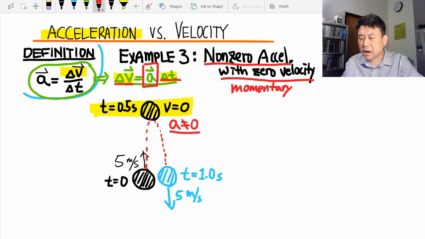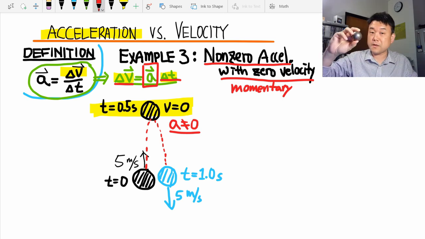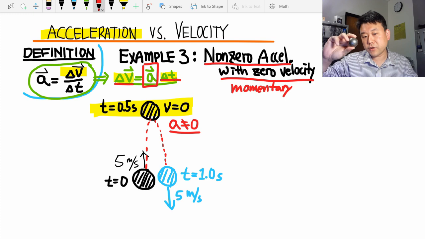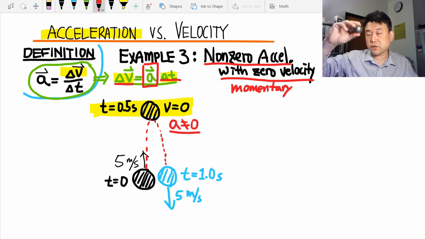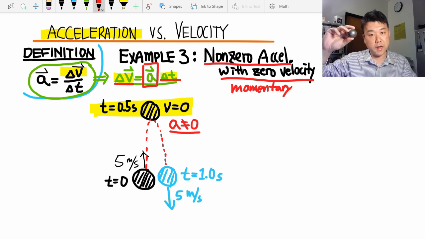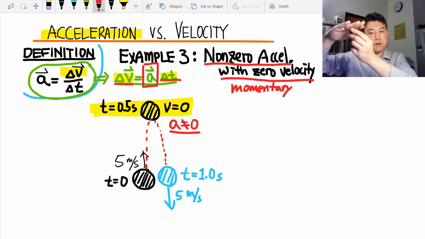Now, how do I know that acceleration is not 0 at the top? Maybe it's 0, like velocity was 0. Well, here's how I can argue that the acceleration at the very top is not 0, even though velocity is 0. It's because of the change of velocity. The moment before it reached the top, the ball was moving upward, so it had a positive velocity.